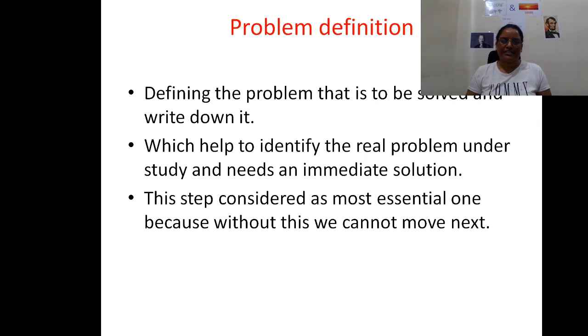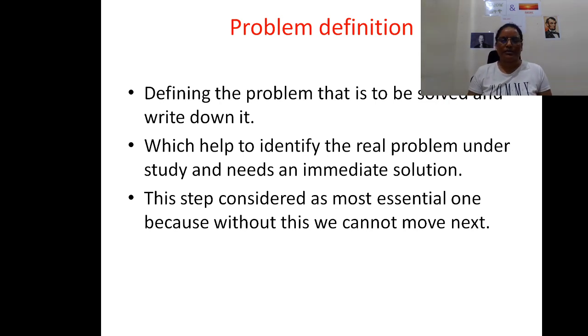Problem definition. Defining the problem means identifying which problem we face. First of all, we have to define that problem. What is that? Defining the problem that is to be solved and writing it down. The problem which we faced, write it down. What exactly is the problem? This helps to identify the real problem under study which needs an immediate solution.